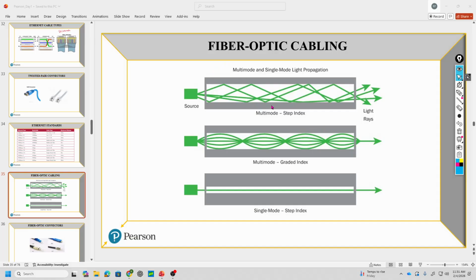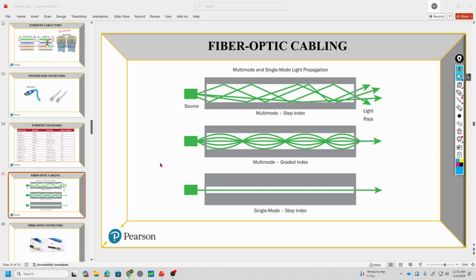These fibers are made out of acrylic, i.e. plastic, and they use LED light signaling. Single mode fiber, on the other hand, is actually glass, and it uses a laser to send that signal. Much more expensive, and both of them are about the size of a human hair.